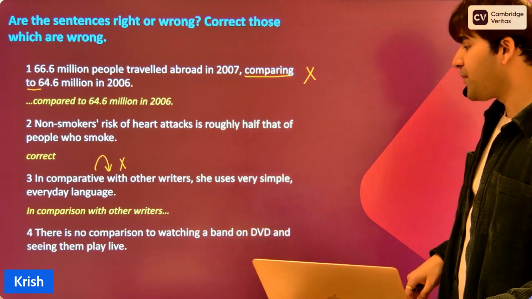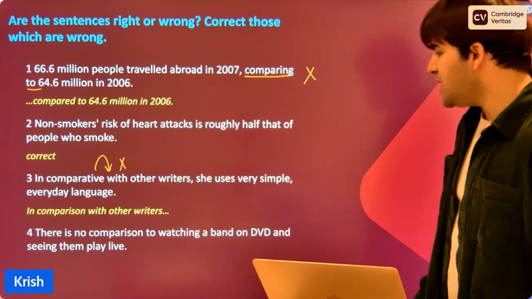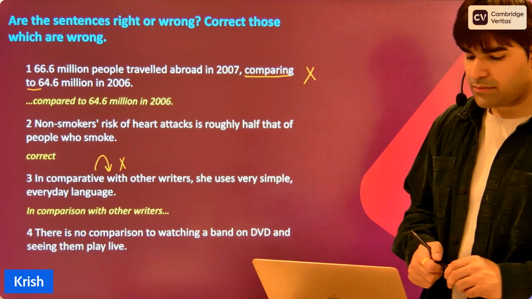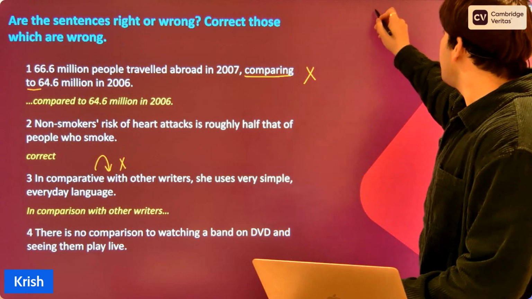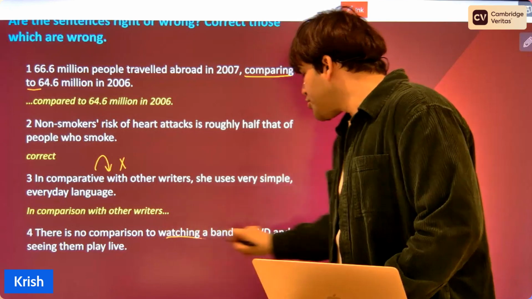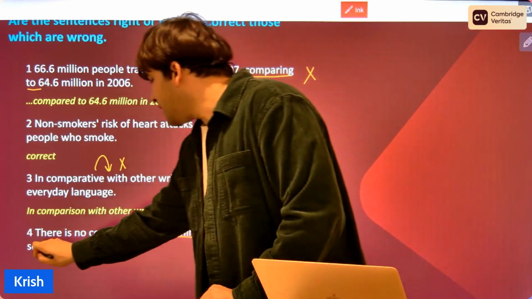Okay, number 4. There's no comparison to watching a band on DVD and seeing them play live. So, if you can see, there are two things that we're comparing here: watching a band on DVD and seeing them play live.